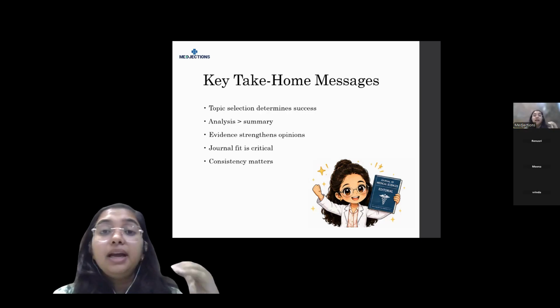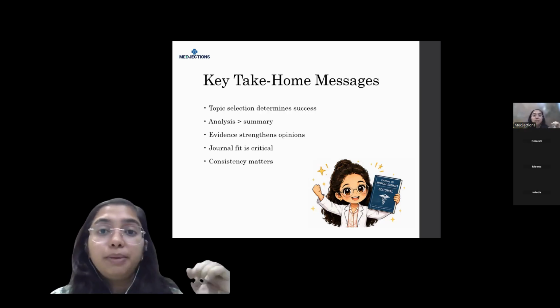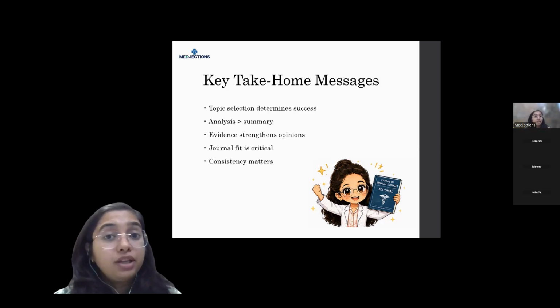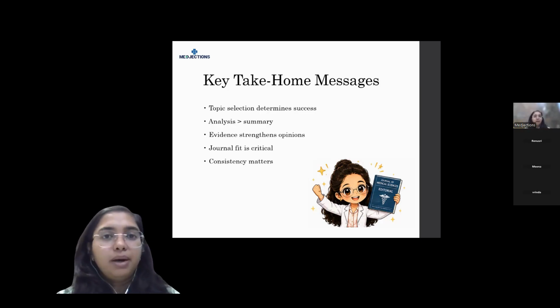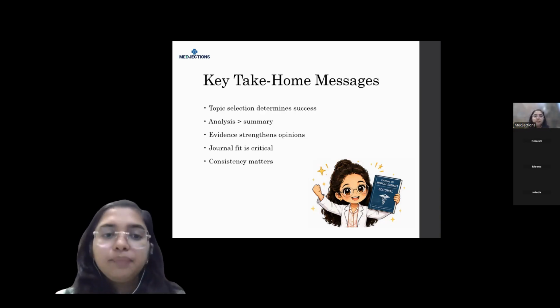In that way, as a clinician and as a researcher, when you think and write, that makes your paper more readable. Evidence: if you are saying cancer is on the rise, where is the data? Where is the prevalence? How can I show that yes, cancer is on the rise? Evidence.